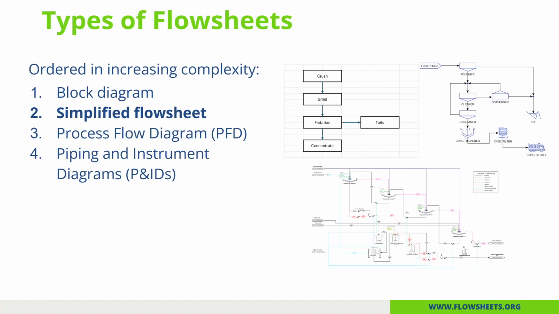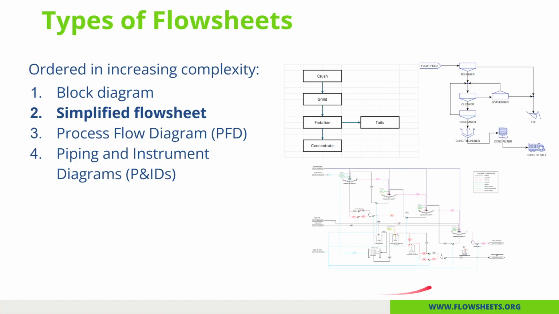So there's different degrees of flow sheets that people use in industry. The simplest one is just this sort of block diagram that you can put together in Excel, and it's kind of functional and clean, but it's not very pictorial, and people do like to see a nice picture.